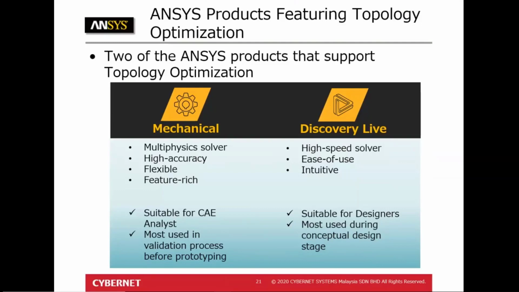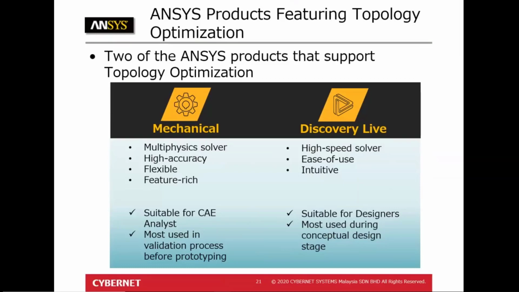At the other end of the spectrum, we have ANSYS Mechanical, which offers very flexible and accurate topology optimization capabilities. It means that the user can be really specific in setting up the design goal and constraints to get the desired result. For this one, most of the users will probably already be familiar with CAE.